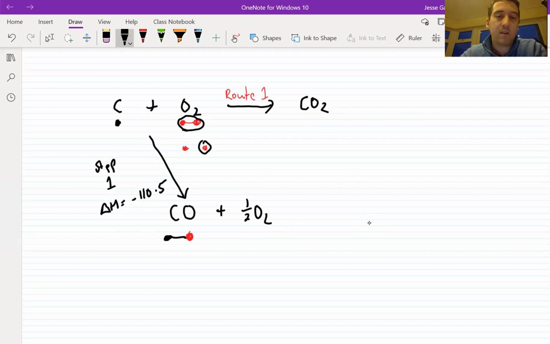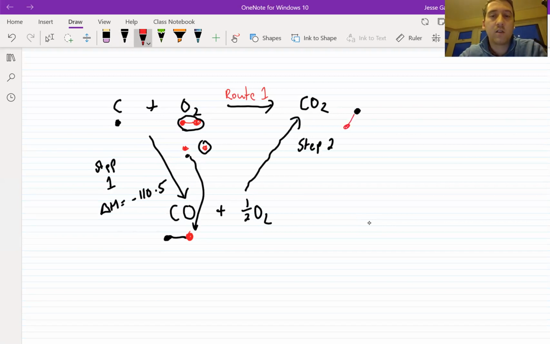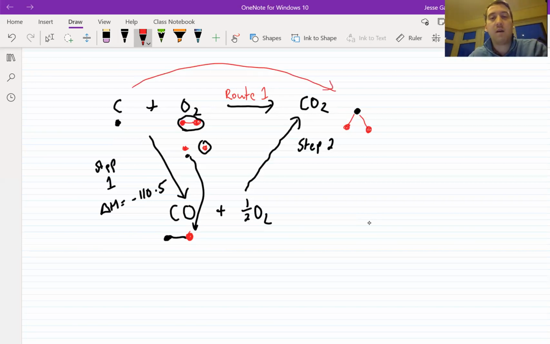What would then have to happen is the other atom of oxygen, half the O2, the other atom would have to join as well. So this would be step 2. So the other atom would then join together to make the full product. So now we have the 2 oxygen atoms joined to give carbon dioxide. Now, like I said, we can consider this as happening in one step.